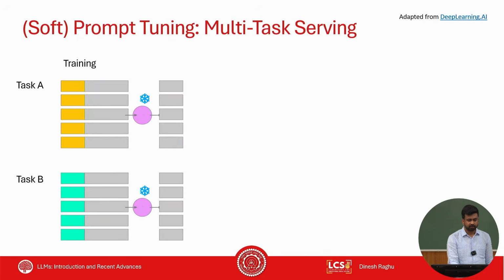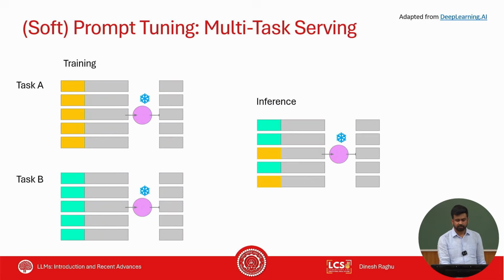Now, during training, you would have data sets for each of your tasks that you want to learn. And so you will assign certain special tokens for each of your tasks, and then you will start your training process, right? So for example, for task A, you end up training the yellow tokens, and for task B, you end up training the green tokens, and your LLM weights remain frozen, right?